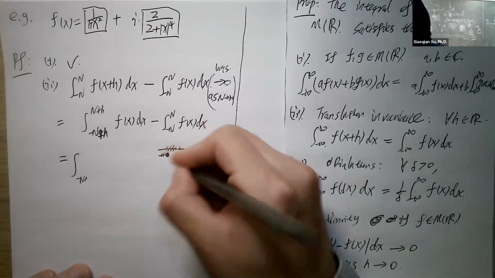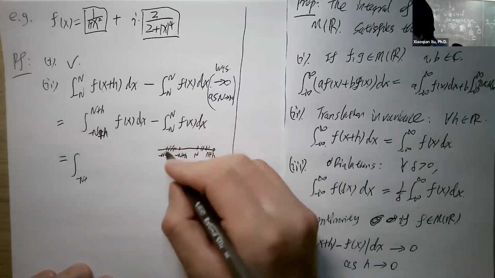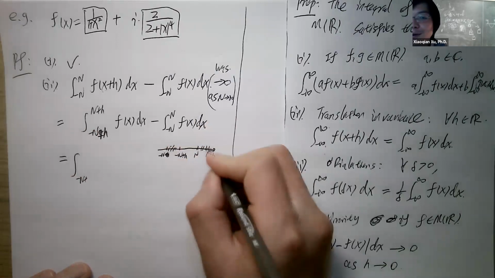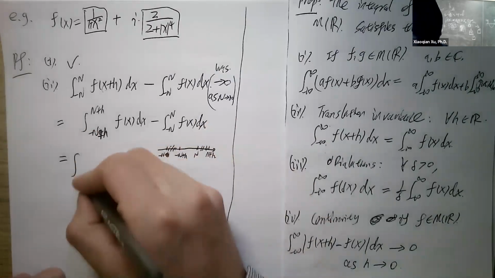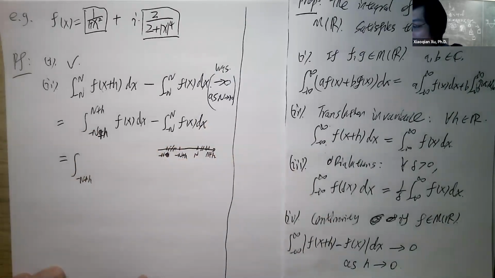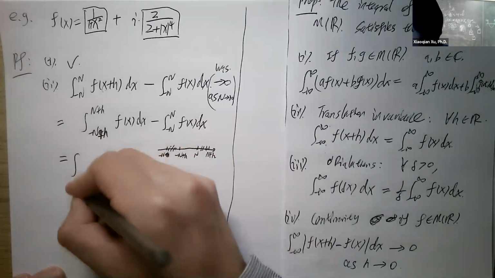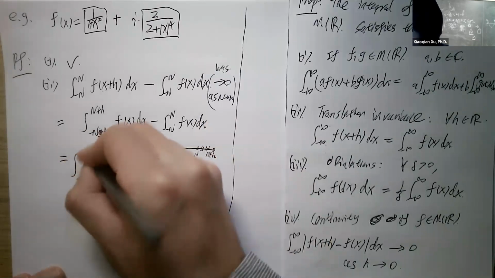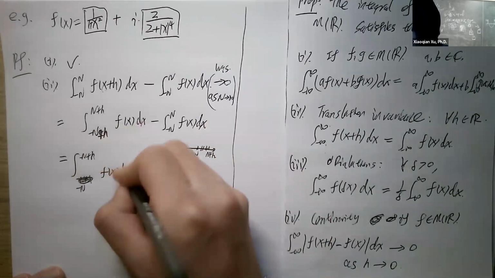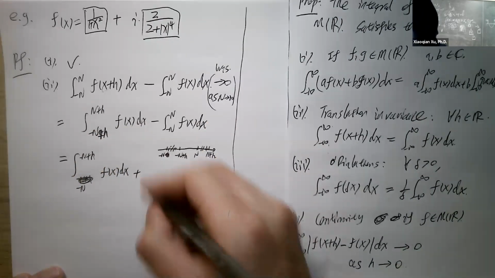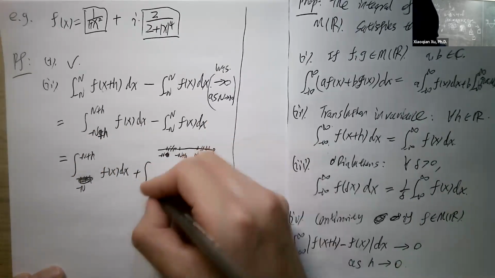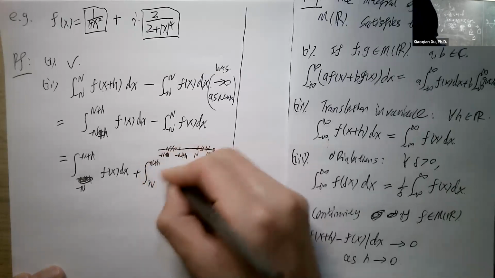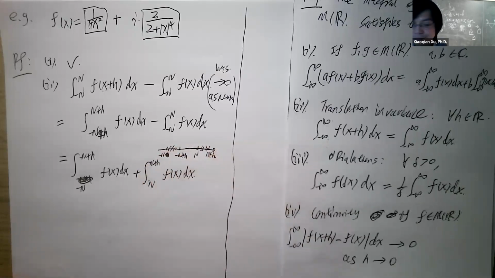You are right, but it's still this part and plus this part. So it's the integral from minus n to minus n plus h of f(x) dx plus the integral from n to n plus h of f(x) dx.